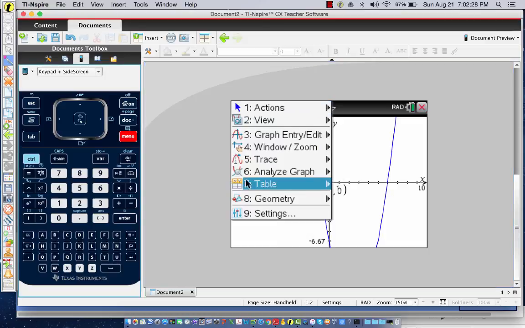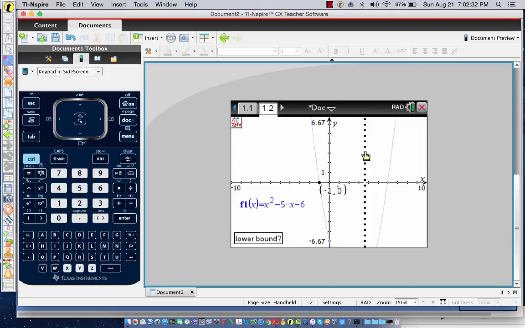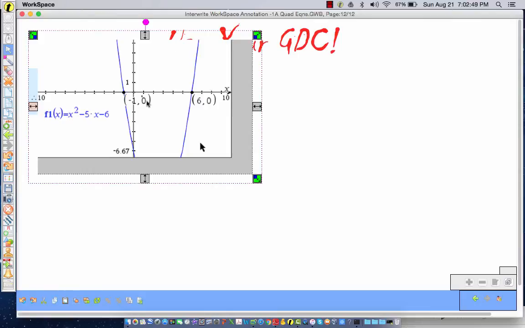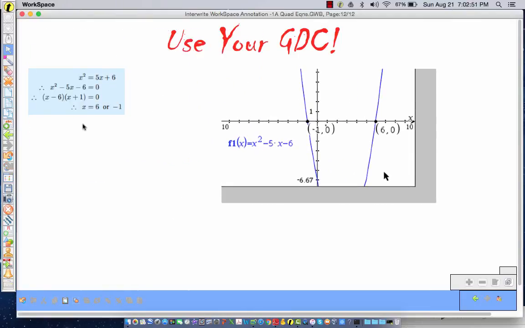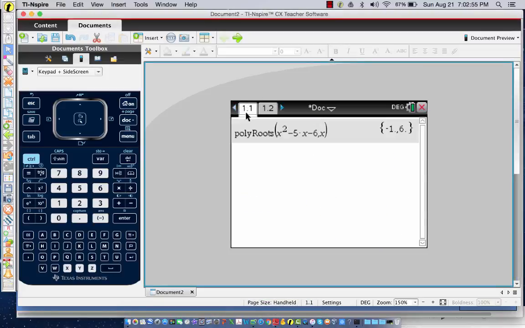I have another one over there, analyze graph, find the zero, left of the intersection, right of the intersection, and there we have it. I'm going to copy this real nice for you and put it so you have it to see. So you have it that way, or we go back here and you have it this way.